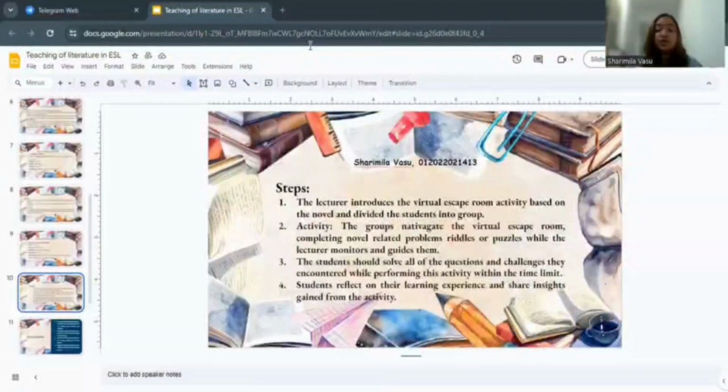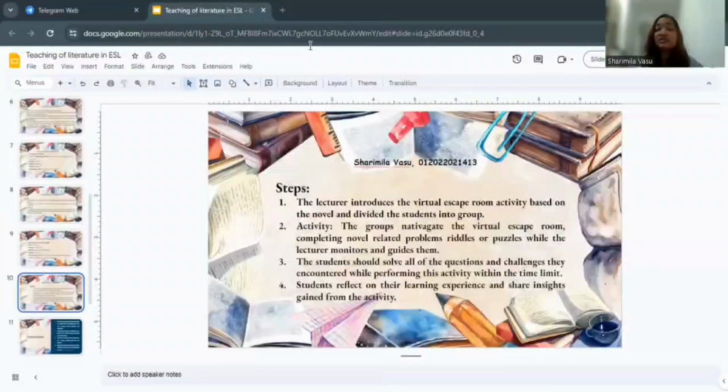Students should solve all the questions and challenges they encounter while performing this activity. Once the time limit is over, all teams have to complete the challenges and rejoin the class for the debriefing section. The lecturer congratulates the teams on their effort and success.